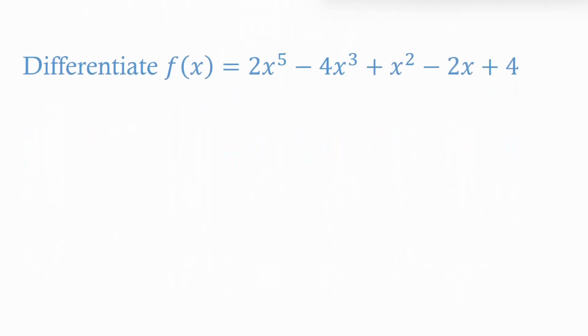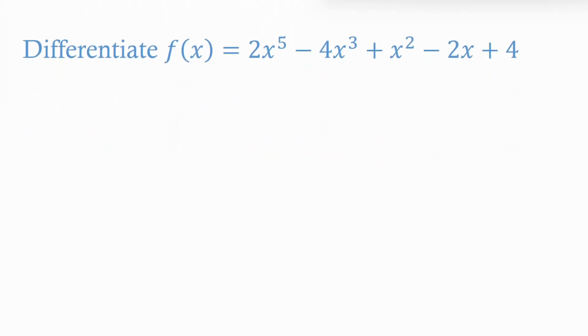We're going to do one more just to make sure we all understand what we're doing. Again, the 5 is going to come out the front, the 3 is going to come out the front, the 2 is going to come out the front, that x is going to disappear, and that 4 is going to disappear.